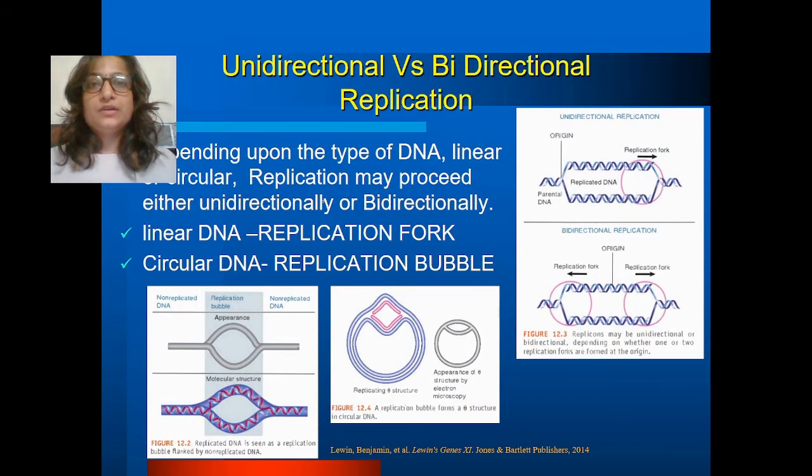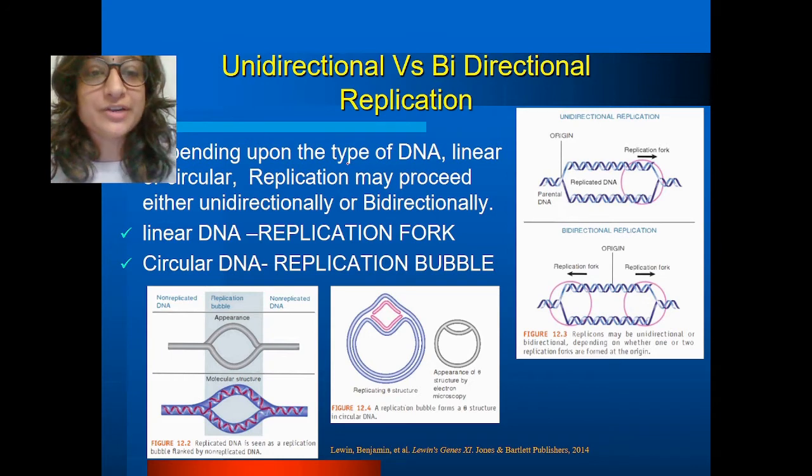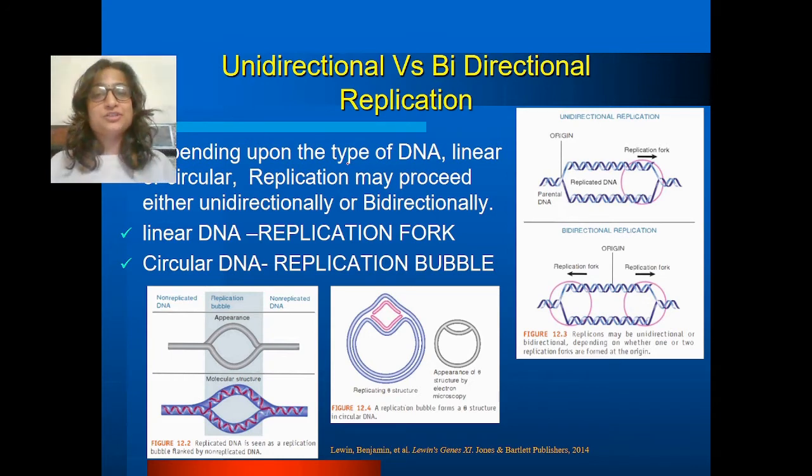Now, the type of the DNA actually decides whether the replication will proceed unidirectionally or bidirectionally. In unidirectional, you will have one replication fork, whereas in bidirectional, you will have two replication forks.